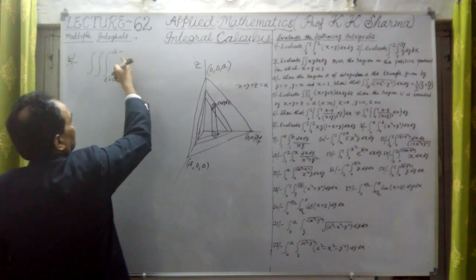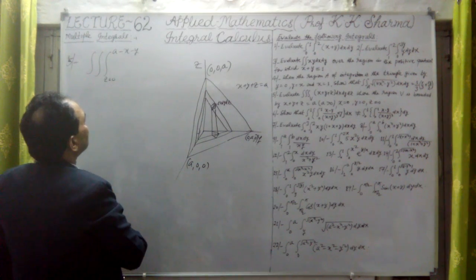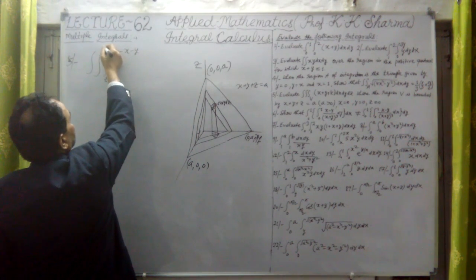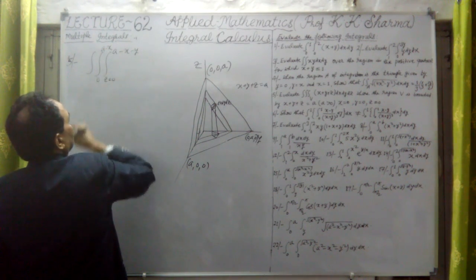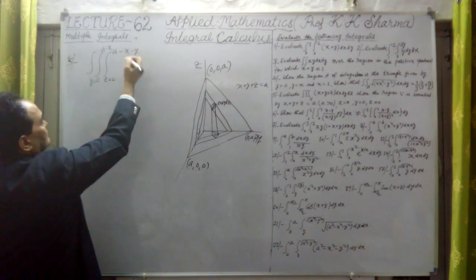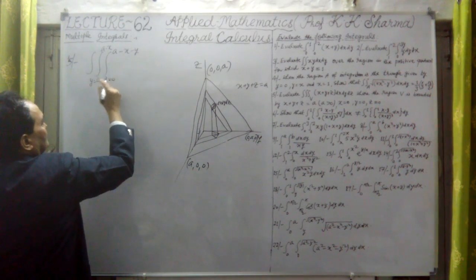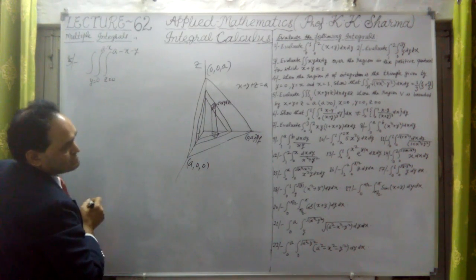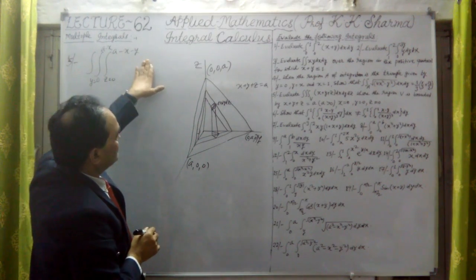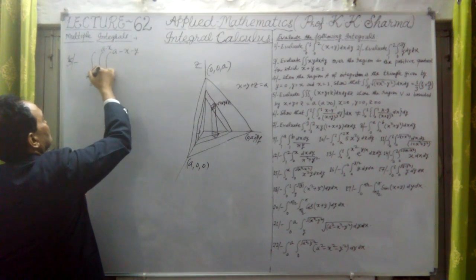Then y goes from 0 to a minus x, since when y is 0 the value is a minus x. And z equal to 0 to a minus x minus y, we are substituting the value. Here x goes from 0 to a.